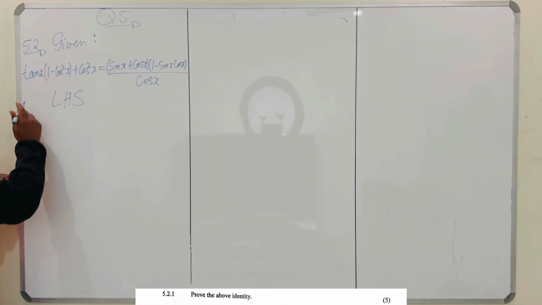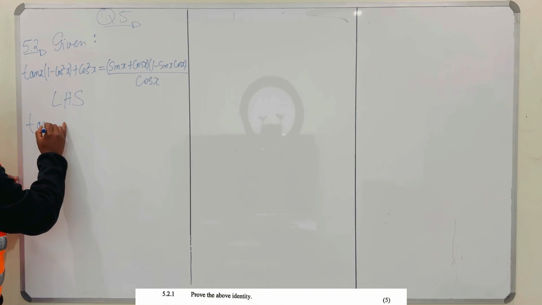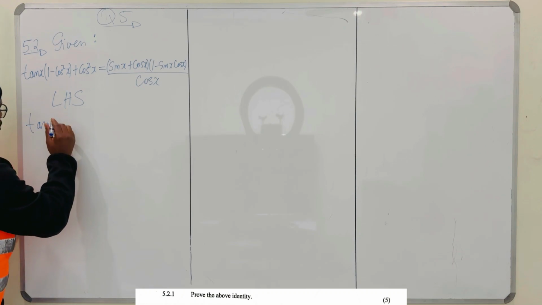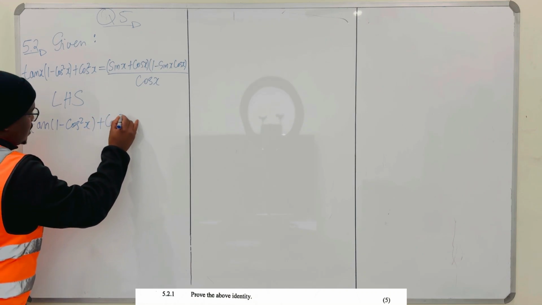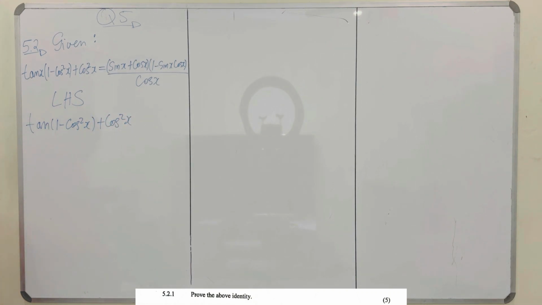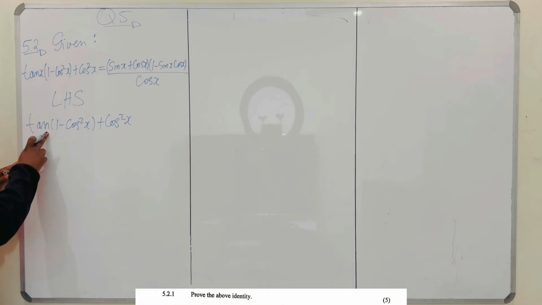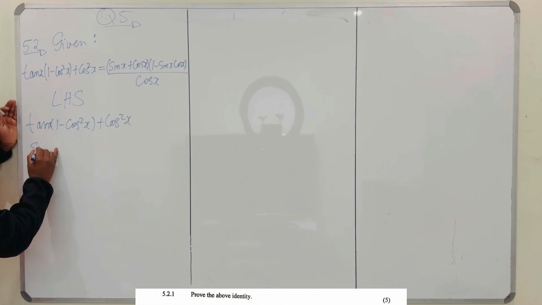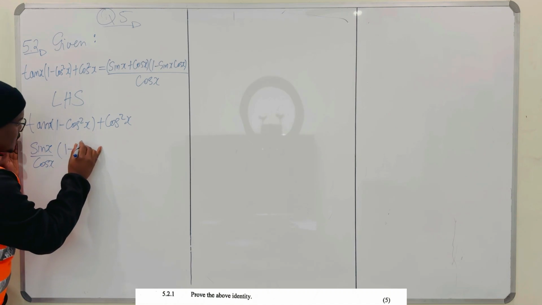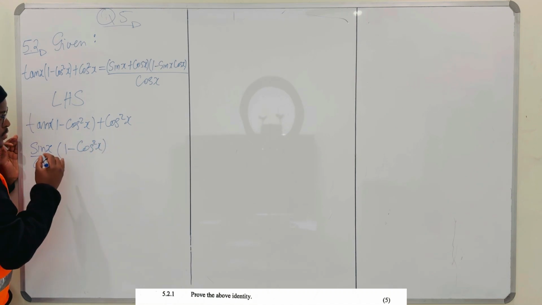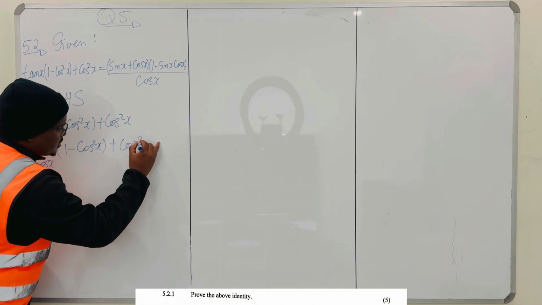I'm picking tan x into 1 minus cos squared x plus cos squared x. That's what I'm picking. No problem. So in this case, you know tan x is equal to what? Tan x is equal to sin x over cos x times 1 minus cos squared x plus the cos squared x.